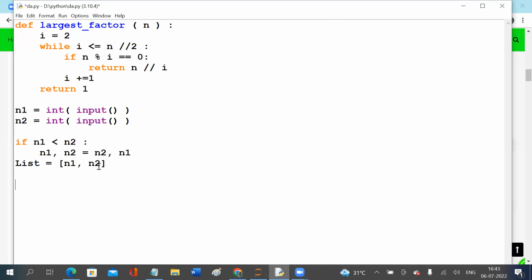While n1 is greater than 1, find out the largest factor from the routine, passing n1 to it. Now to the list, you append this factor.